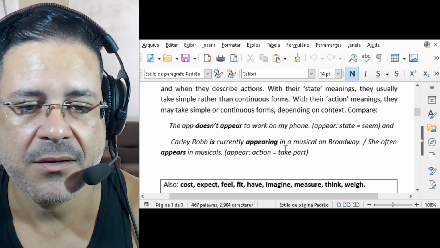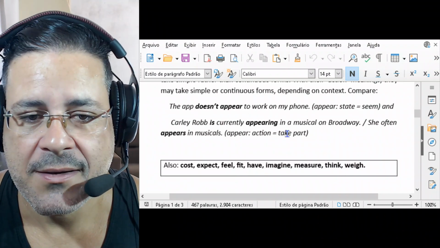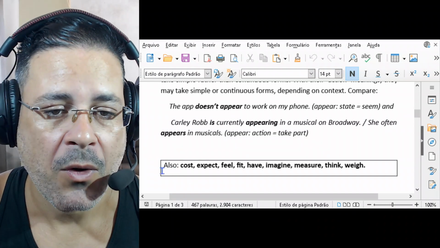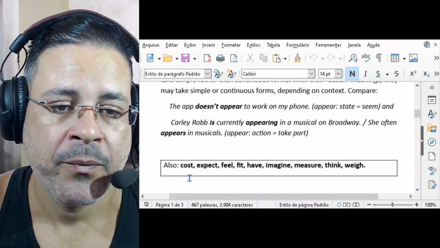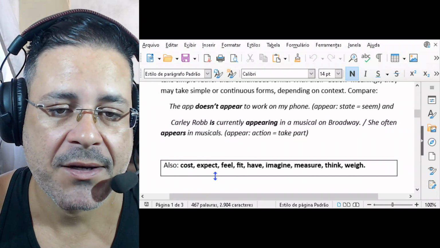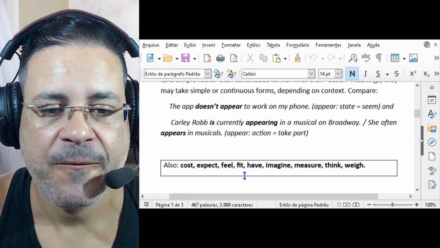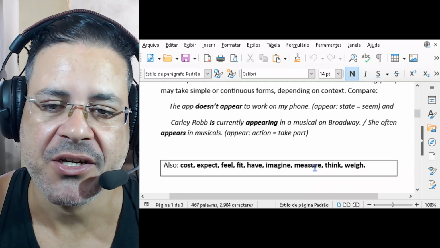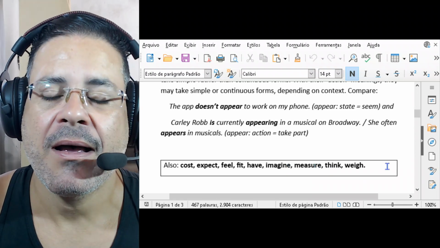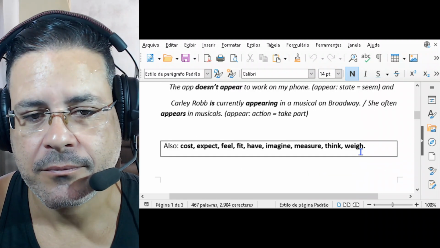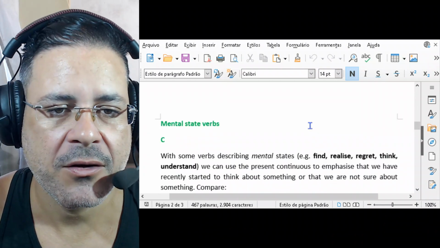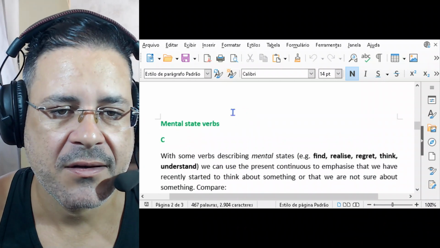Okay, let's continue with the lesson. We can also use this pattern with the verbs cost, expect, feel, fit, have, imagine, measure, think, and weigh. Okay, let's go to the next section.